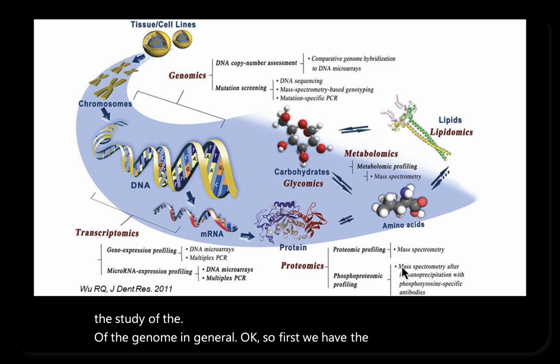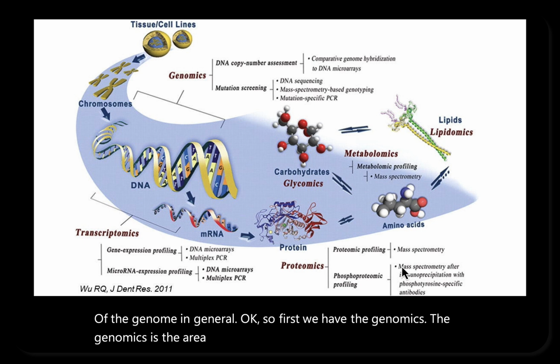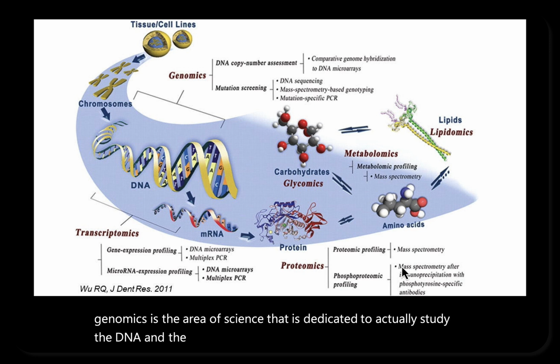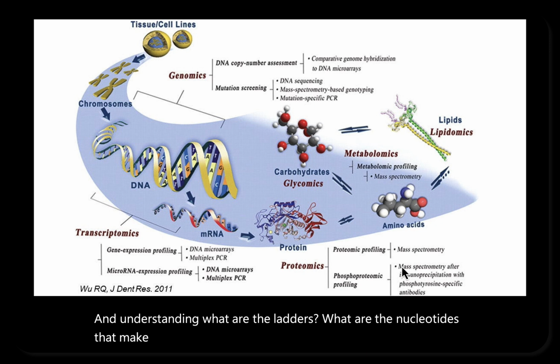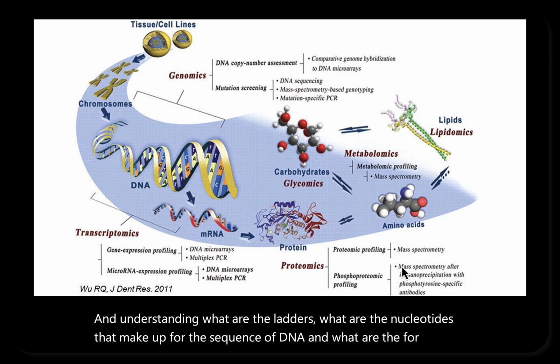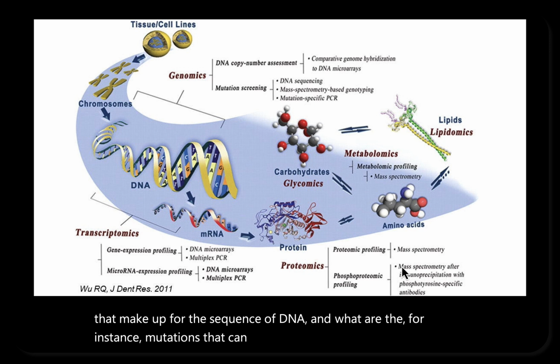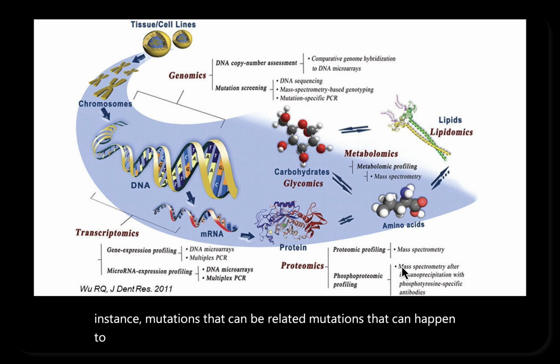Genomics is the area of science that is dedicated to studying the DNA and the genes, and understanding what are the letters, what are the nucleotides that make up the sequence of DNA, and what are, for instance, mutations that can happen to those gene sequences.